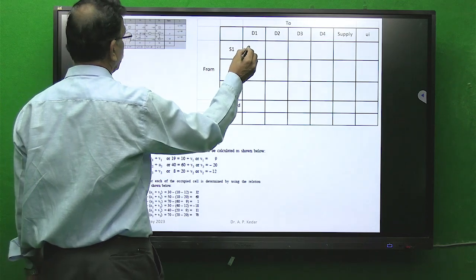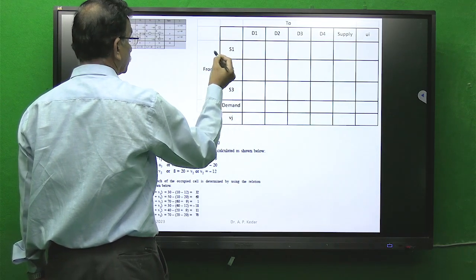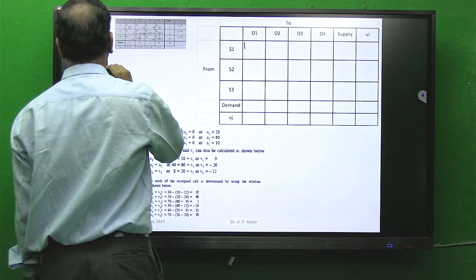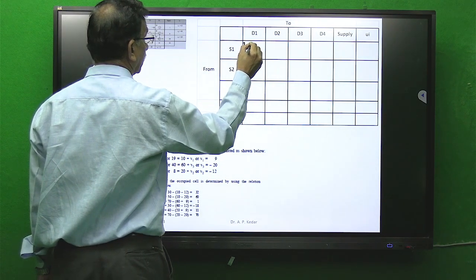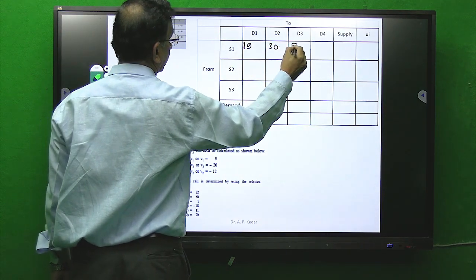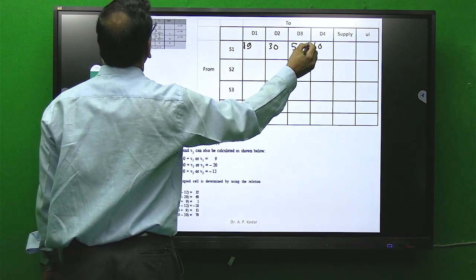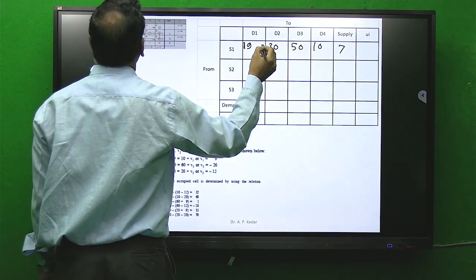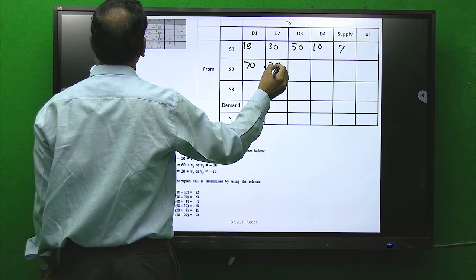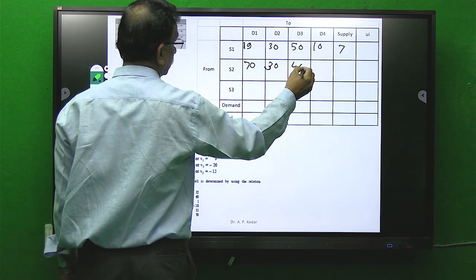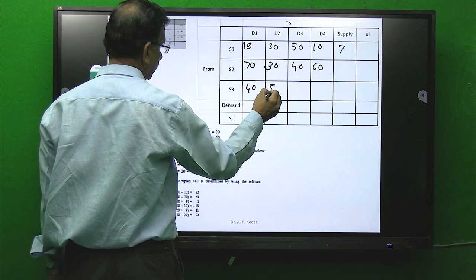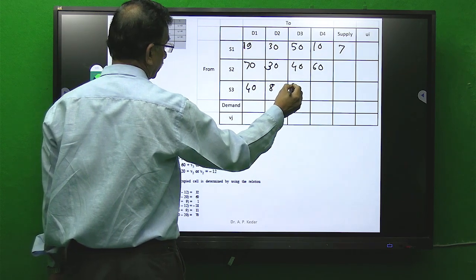Here the values of cost were 19, 30 from the previous problem, 50, 10, 50, 10, supply was 7, then 70, 30, 40, 60, 40, 60, then 48, 48, 70, 20.